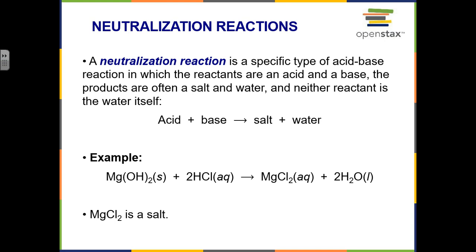The pillar of an acid-base reaction is that it forms a salt and water. A classic example is provided so that you can see a reaction where you're mixing an acid with a base to form a salt and water. What can also be seen in this particular reaction is that it mirrors a double replacement or double displacement reaction.